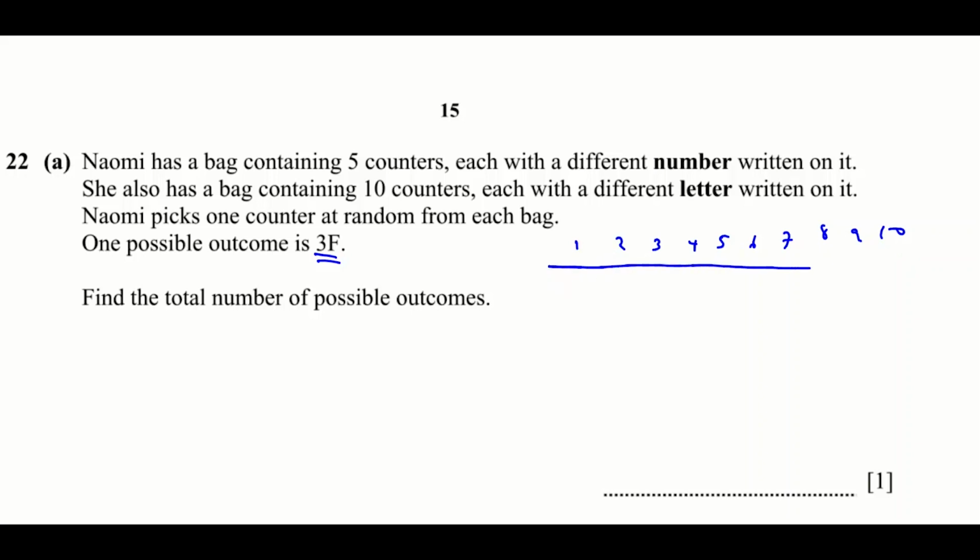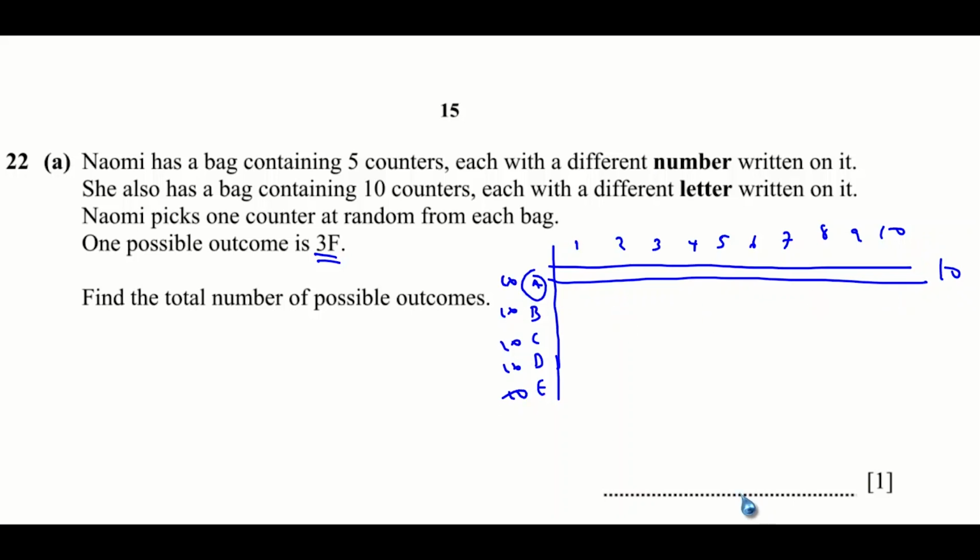Then we spread the letters like this, let's say, for instance, A, B, C, D, and E. Now, each letter generates 10 outcomes, because 1A, 2A, 3A, up to 10A, that will be 10. So this will be 10, this will be 10, this will be 10, this will be 10, this will be 10. So you should have 50 possibilities.